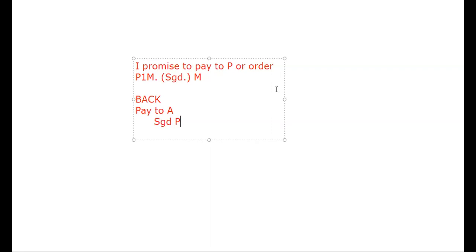Because whatever will happen to your instrument after its issuance, it will no longer affect its negotiable character. So an instrument negotiable in origin continues to be negotiable until restrictively endorsed or discharged by payment or otherwise. Section 47 of the Negotiable Instruments Law.